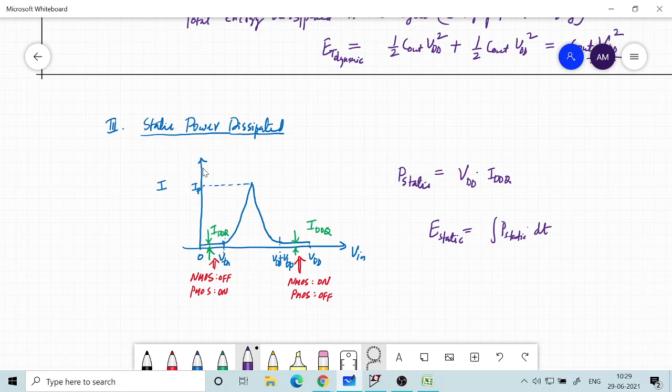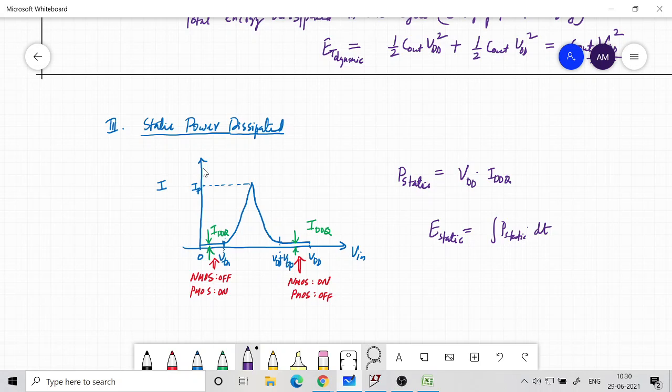So that is why most computers and mobile phones have an automatic sleep mode. Whenever you are not using the system, the power dissipation should be minimized, so it goes into what is called a sleep mode.